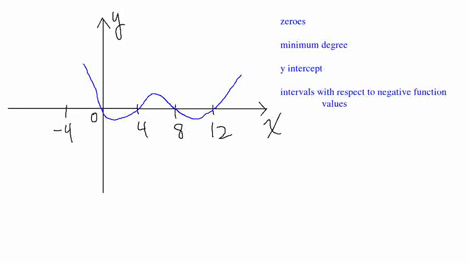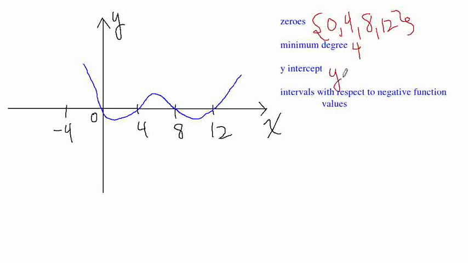Okay, so I'll go ahead and work it out also. There are 4 zeros. Let me list the zeros. They include the x values 0, 4, 8, and 12. The minimum degree is, because we have 4 zeros, the polynomial has to be of degree 4 or bigger.